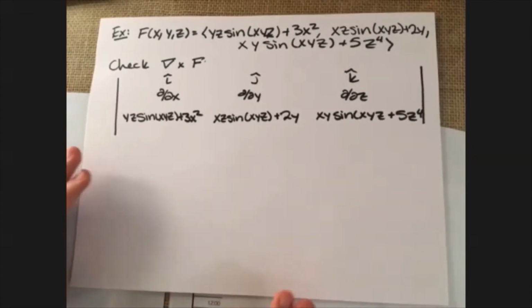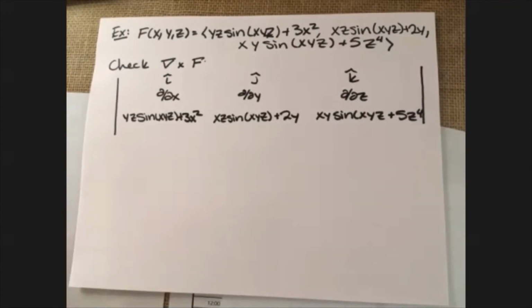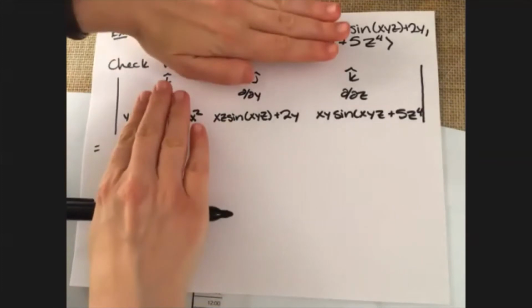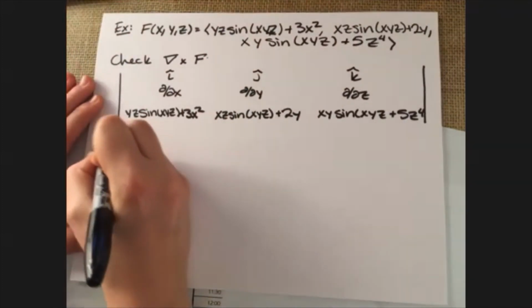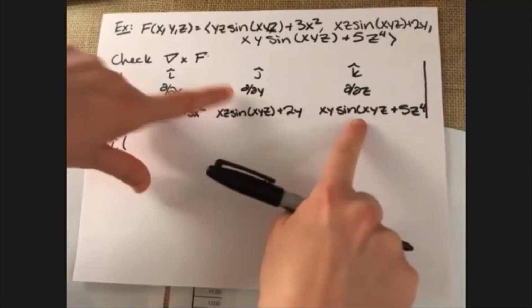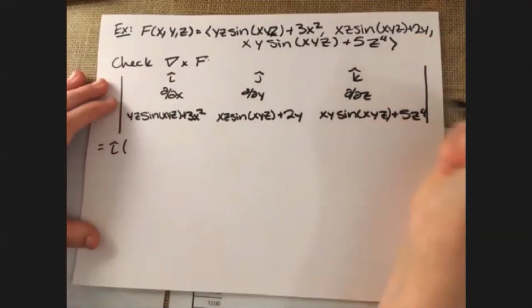Okay. So now all we have to do is take this determinant. So we're going to start with the i component there. And I'm going to get partial with respect to y of all of this right here.